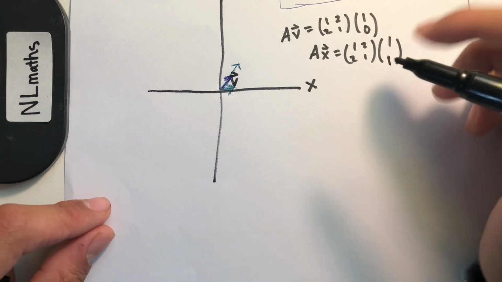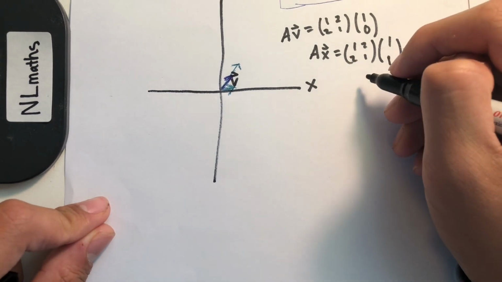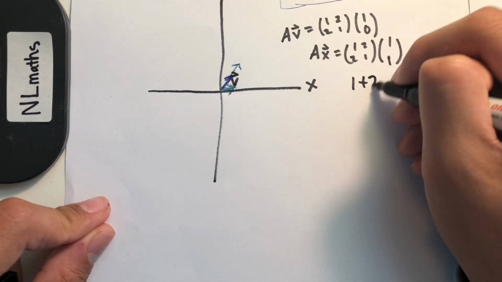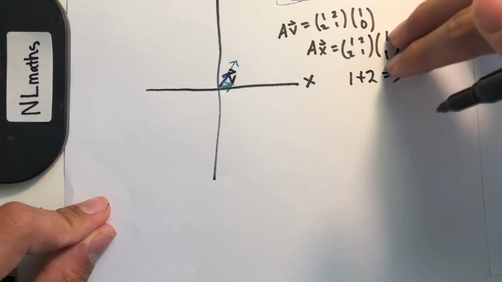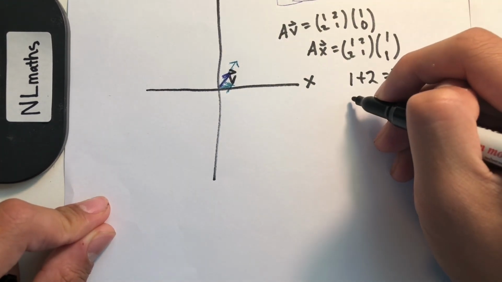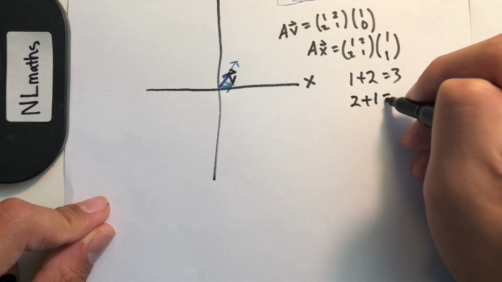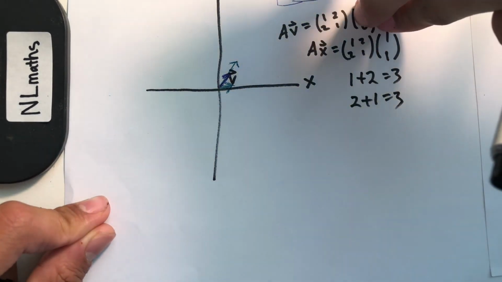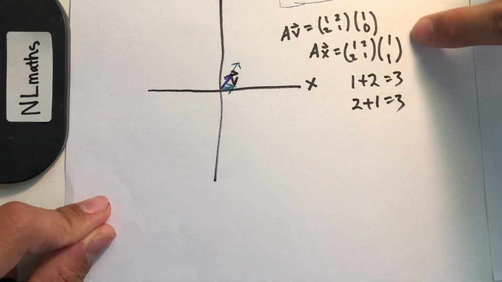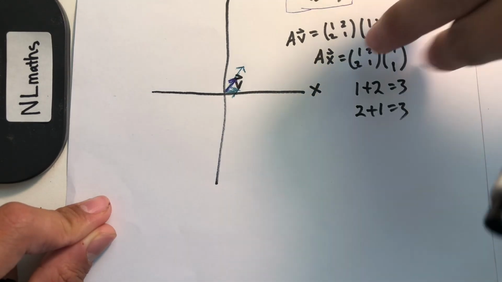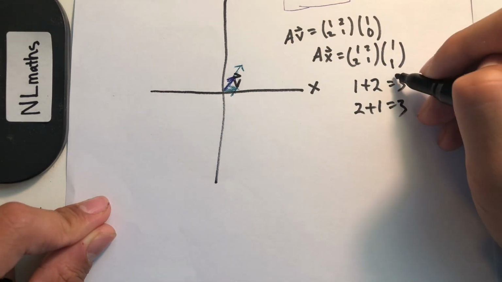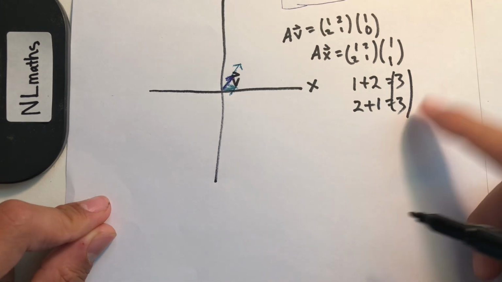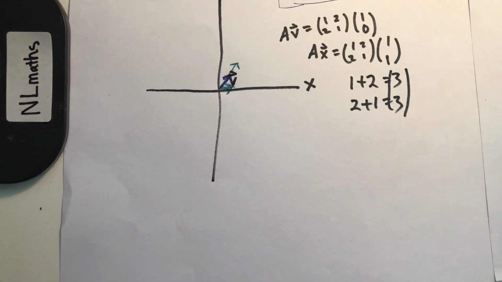So here, we split it. So 1 plus 2 equals 3. And then 1, 2 plus 1 equals 3. So this first one, 1 times 1 and 2 times 1. And the second one, 1 times 2 and 1 times 1. And that's 3, 3. So already we can see that it's a multiple.